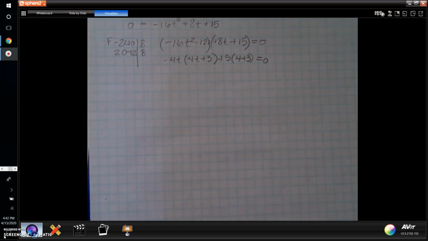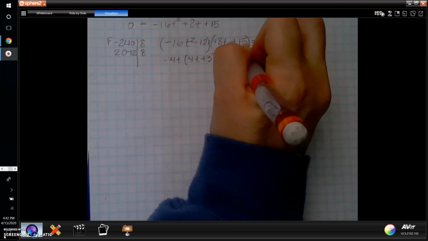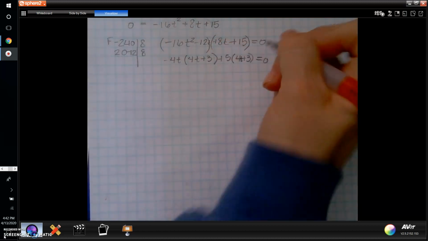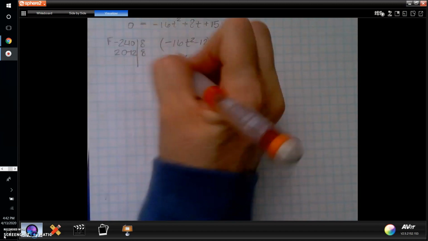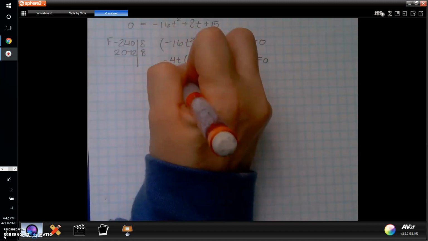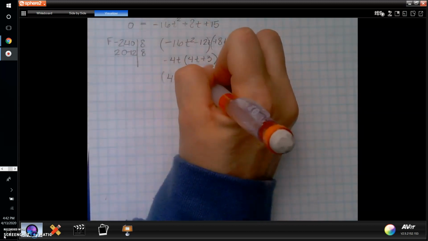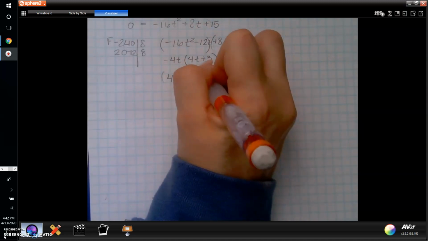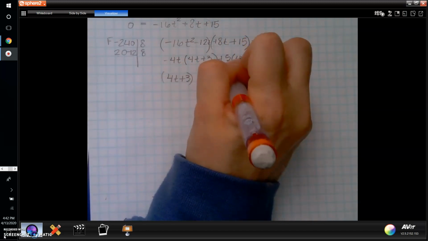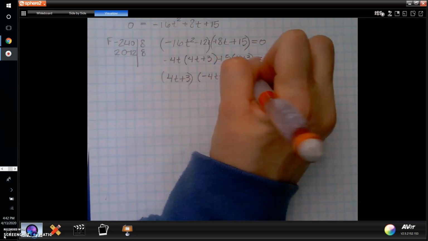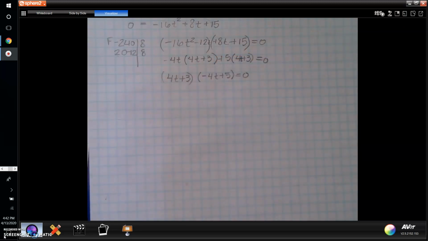I forgot a t in here. Pull out the common quantity: 4t plus 3 times negative 4t plus 5 set equal to 0. Separate the equations, and then I'm going to set them both equal to 0, and then I'm going to solve.